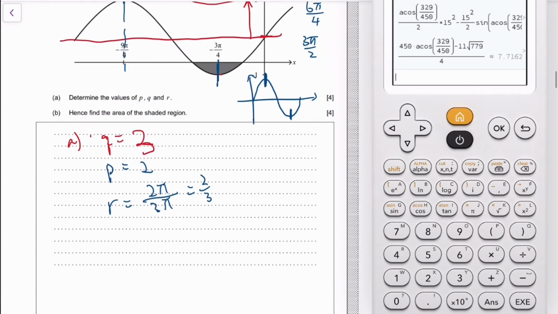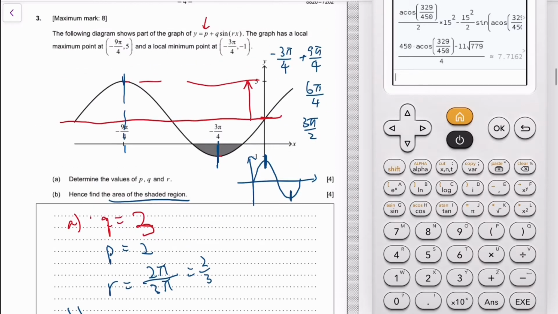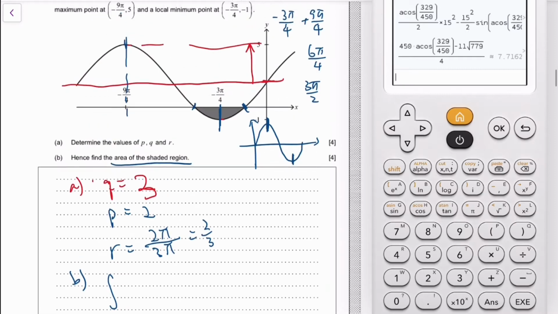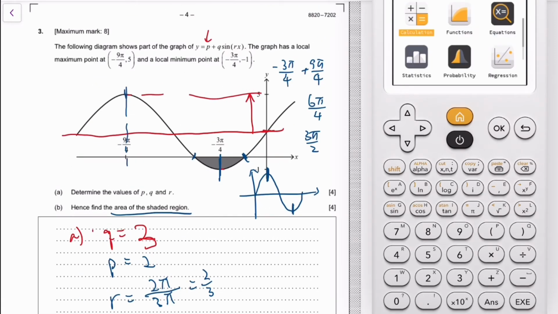The question is, find the area of the shaded region. That is a GDC thing. So you pretty much can integrate. Obviously you need to find the two x-intercepts, but then again that's a GDC thing. So let me graph it first.